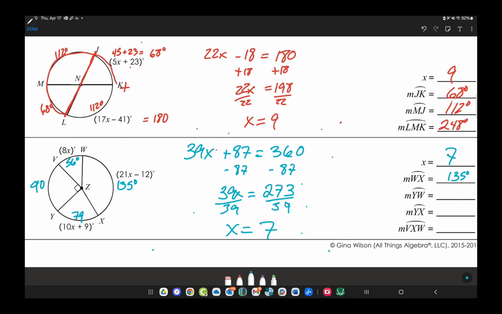YW, that is 90 plus 56, so that's 146 degrees. XY or YX at 79 degrees, and VXW, so that's this whole section right here, well that's just 360 minus 56, so 304.